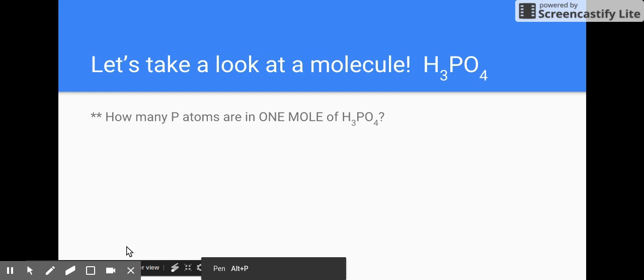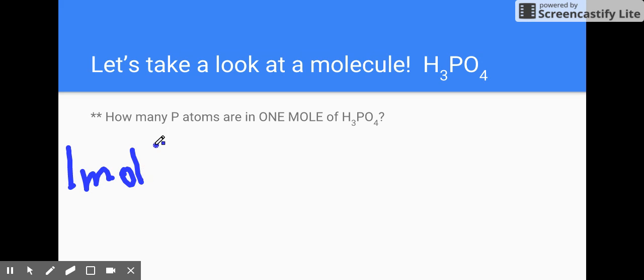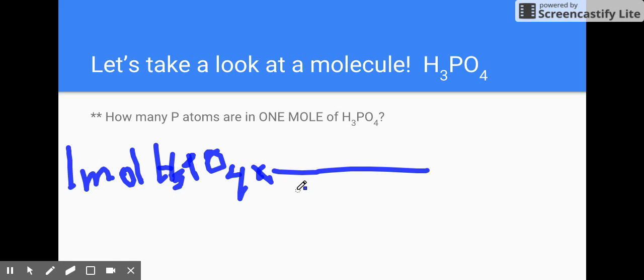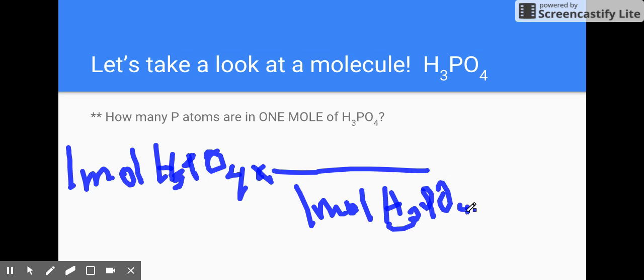Let's take a look at this one. If I have 1 mole of H3PO4, how many phosphorus atoms? In 1 mole of H3PO4, I have 1 mole of phosphorus.